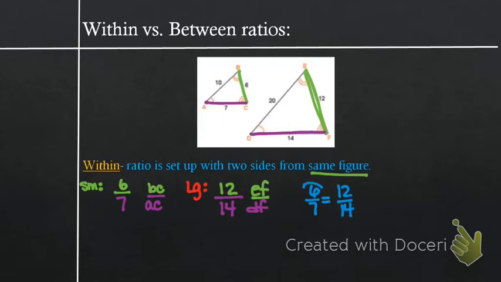And then if I were to cross multiply to see if they're proportional, 6 times 14 is 84. And then if I were to cross multiply this way, we still get 84. So they check off. They're proportional.